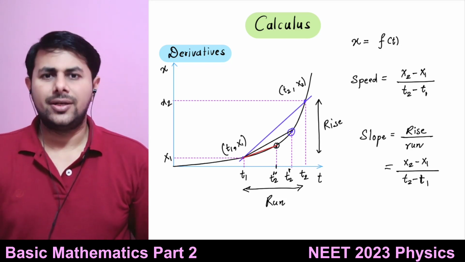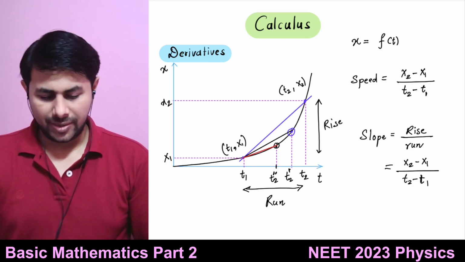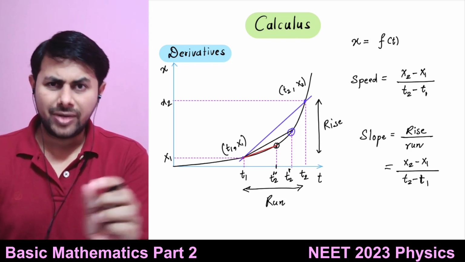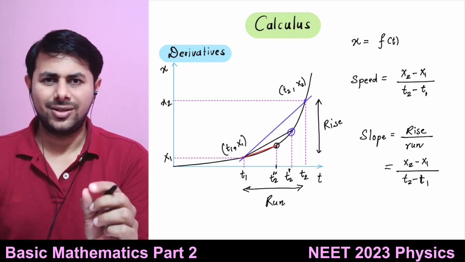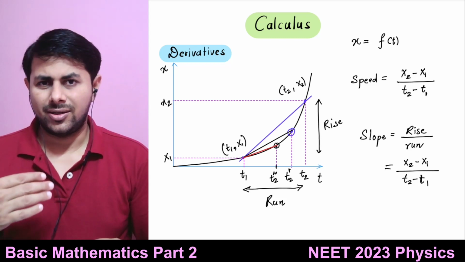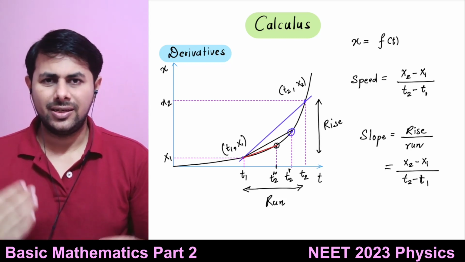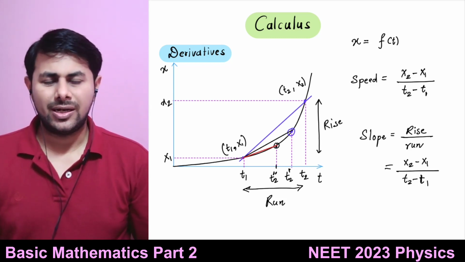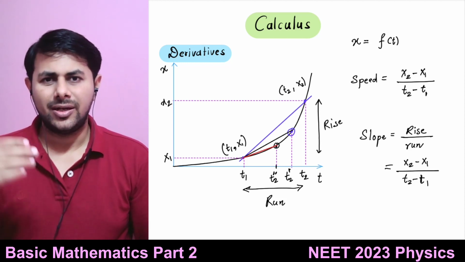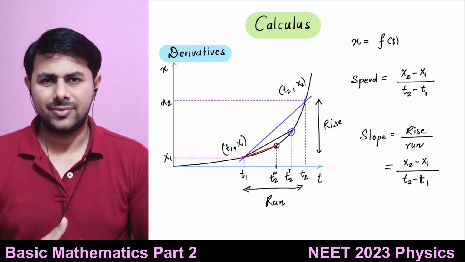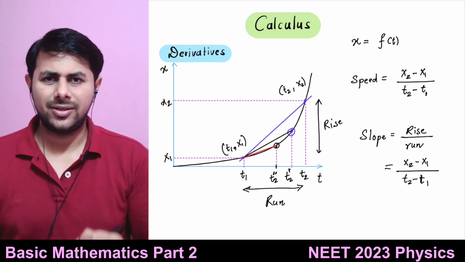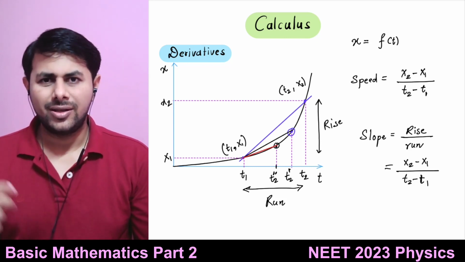All right. Now you can imagine what will happen if time difference is made very very small, vanishingly small. So what do I mean by this? Let's say I am performing some motion and I want my speed at some particular time. So very short, in a split second, I want the speed.